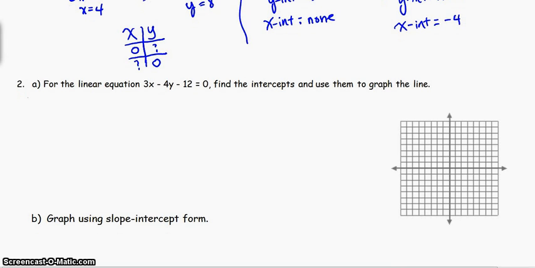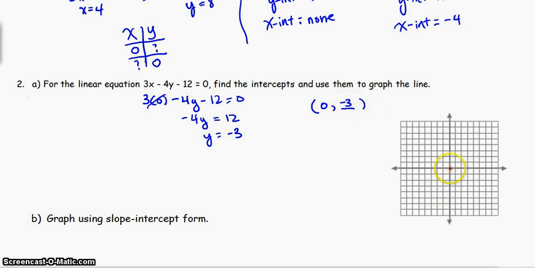Let's practice one here. We could use the intercepts to graph, or we could use slope-intercept form. If we wanted to use the intercepts to graph this, you would just plug in 0 for x and figure out the y value. And again, when you're plugging in the 0, it wipes that out, and so you get -4y equals 12, y equals -3.